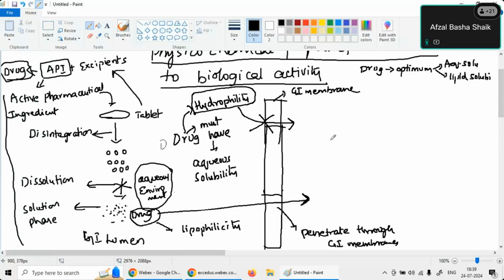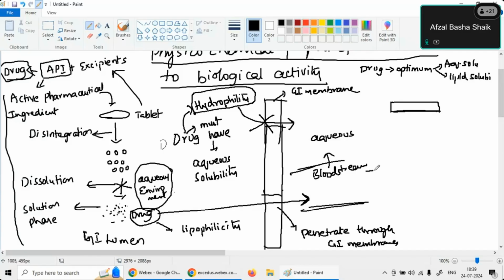And after crossing the GI membrane, it will enter into the bloodstream. Again, the bloodstream environment is aqueous. From the bloodstream, the drug reaches the site of action, right?